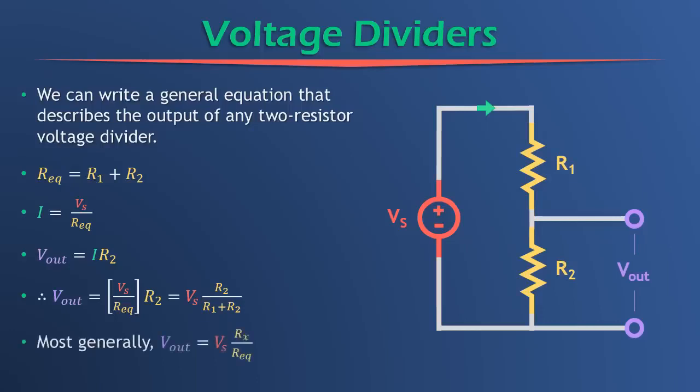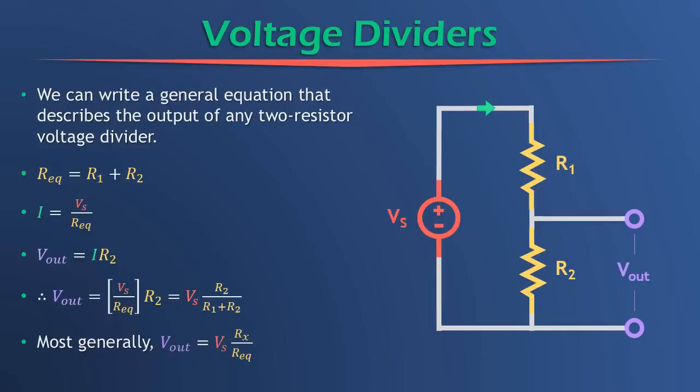Now, most generally, we can write an equation that says V out equals Vs times Rx over R equivalent. Rx is the resistor you would like to find the voltage across, and R equivalent is, again, the total resistance.